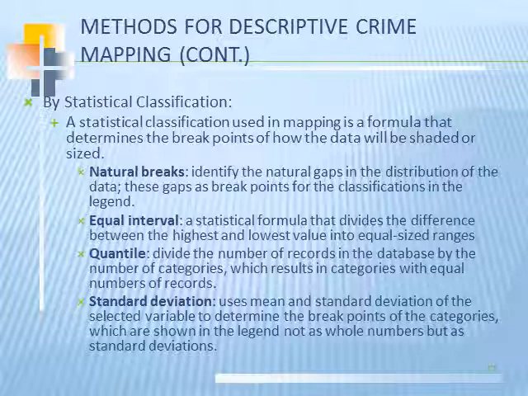In the statistical method, points, lines, and polygons are shaded or graduated according to one of four formulas: natural breaks, equal interval, quantile, and standard deviation.